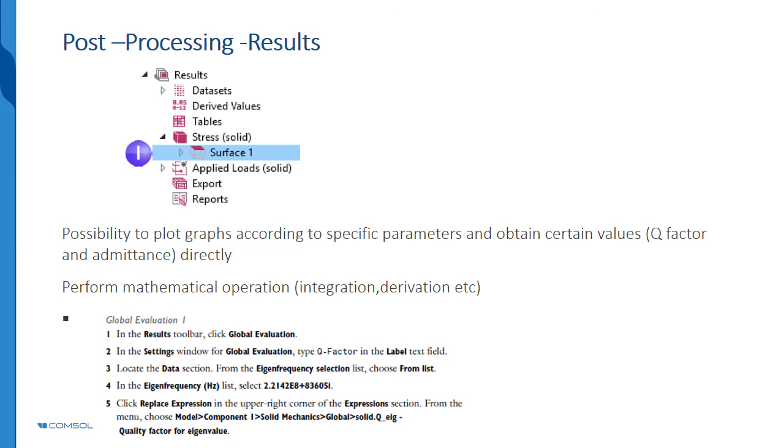Here we're going to calculate the Q factor and the admittance under a certain frequency range. It will calculate automatically, since the formula is already there. Under this section you can also perform mathematical operations like integration, derivation, etc., in order to calculate other parameters, for example.